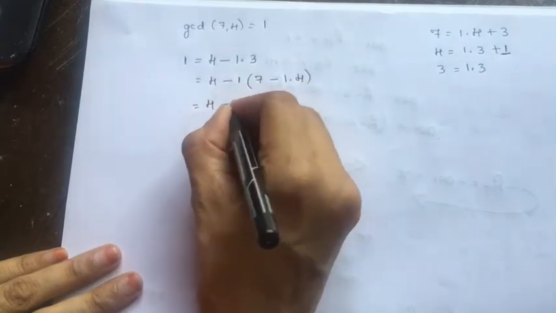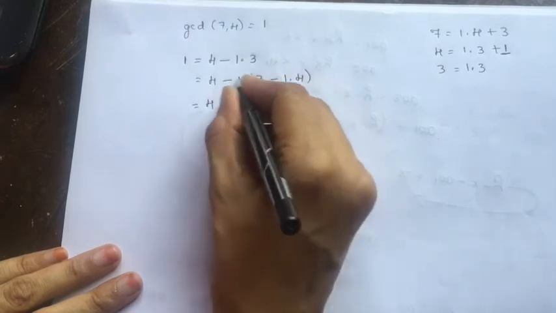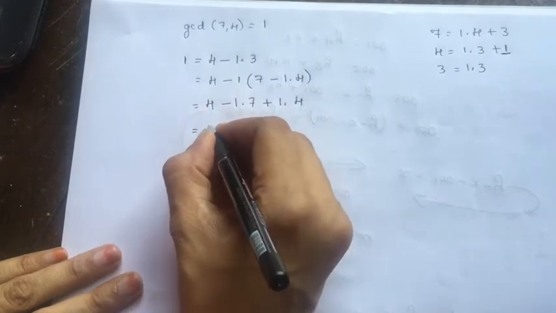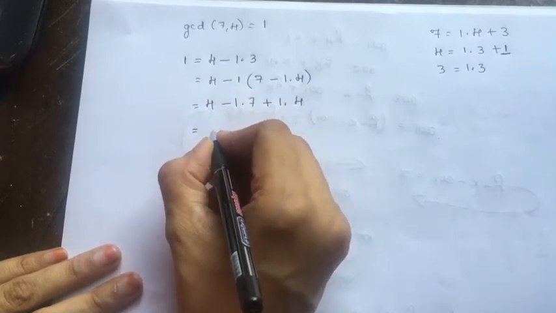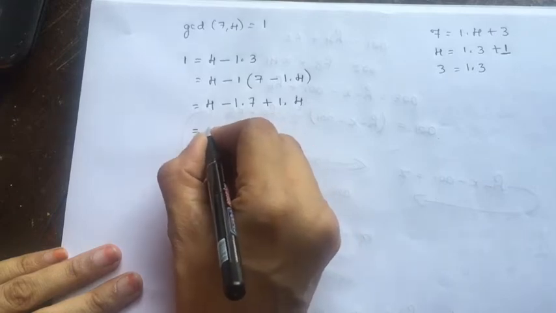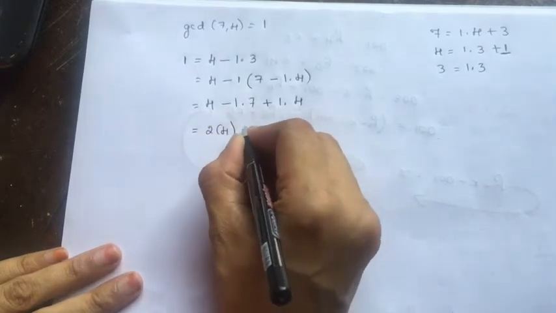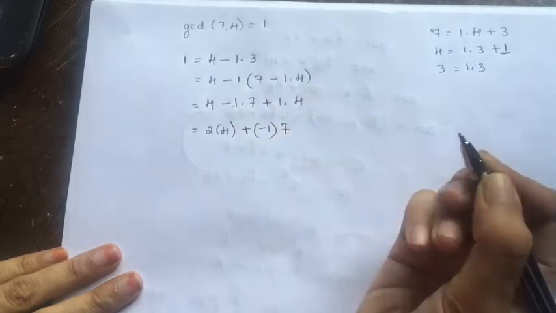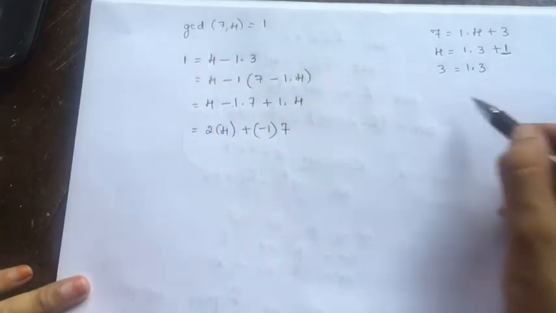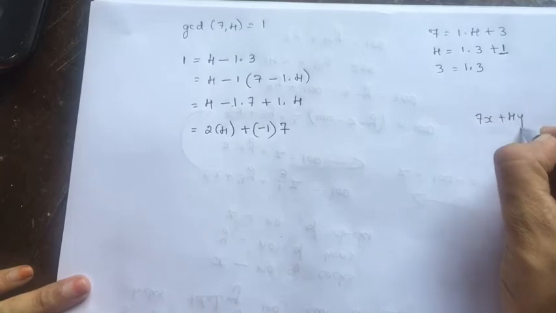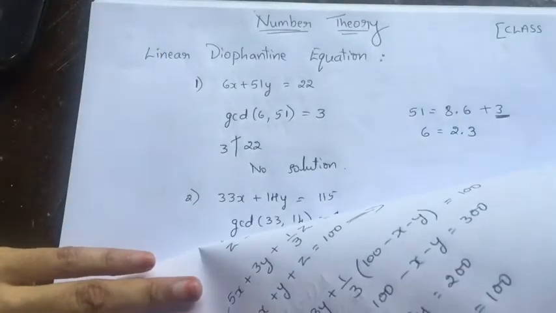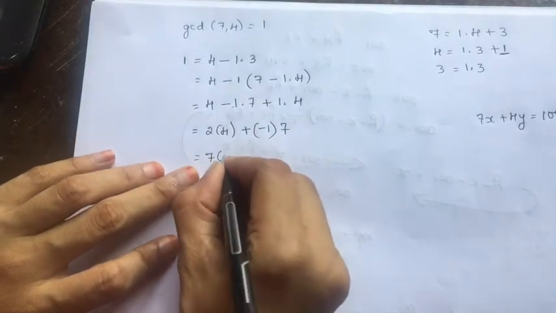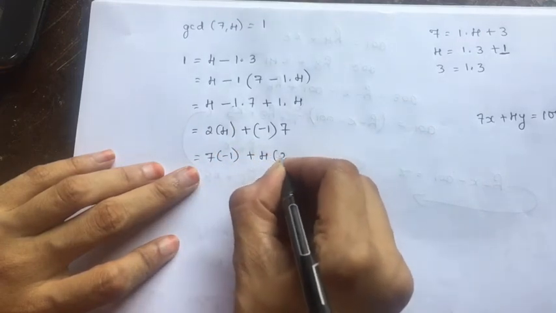So 4 minus 1 into 7 plus 1 into 4, that is 2 into 4 minus 1 into 7. My equation should be in this form: 7x plus 4y equal to, what was the equation, 100. So I have to rewrite this. This can be written as 7 into minus 1 plus 4 into 2.